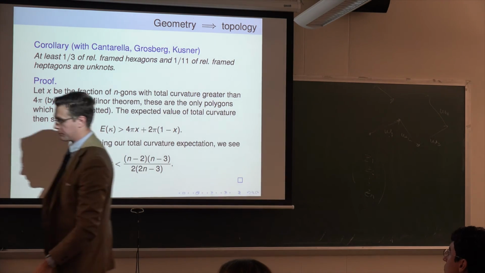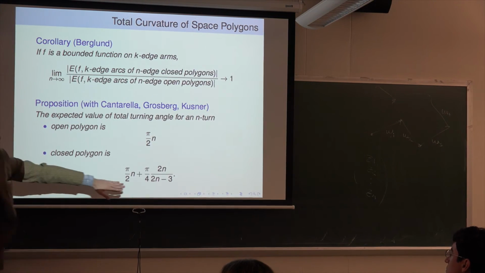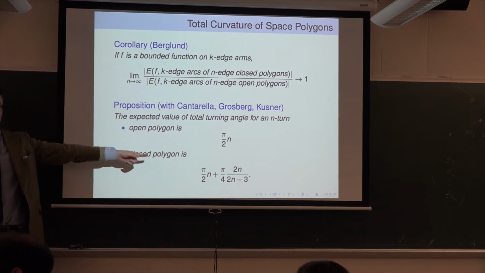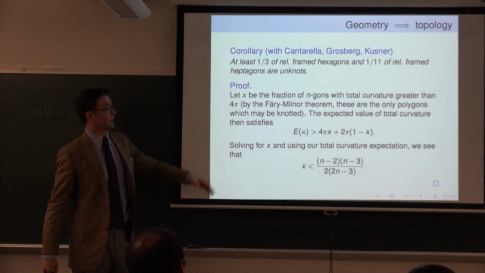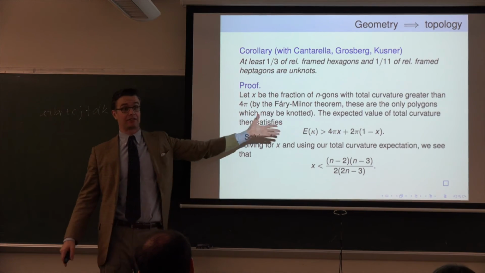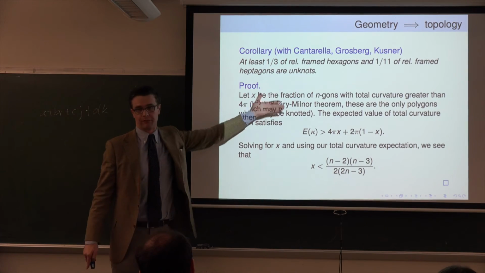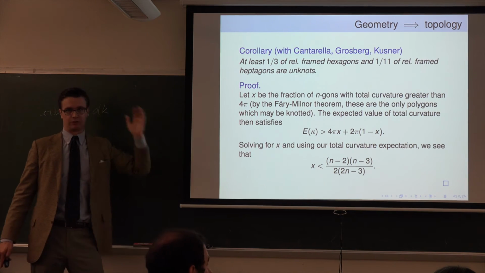And if you look at this number on the previous slide and plug in n equals 6 or n equals 7, you get numbers that are less than 4 pi. So basically, if the average is less than 4 pi, some fraction has to actually be less than 4 pi, and so some fraction has to actually be unknotted. And this proof is just writing that out carefully.